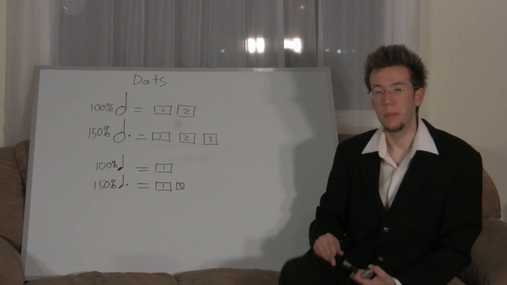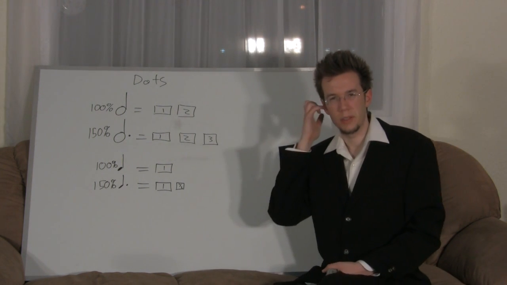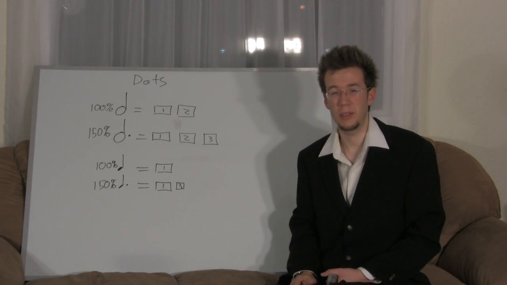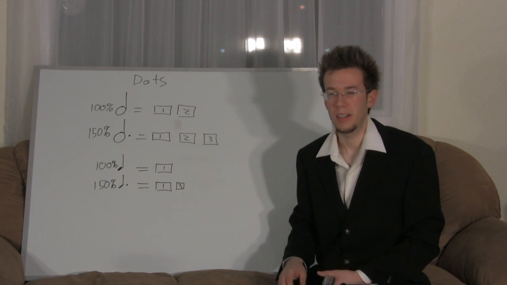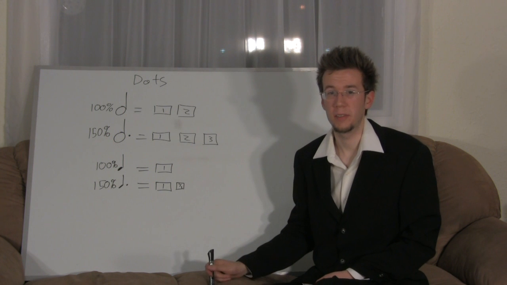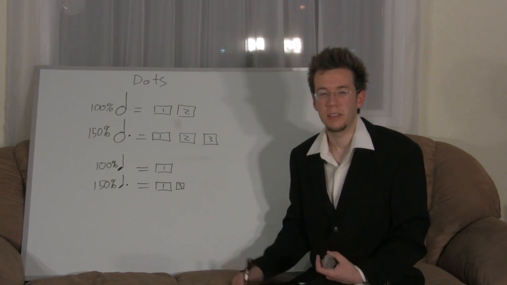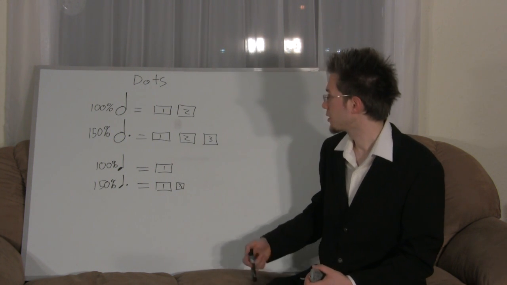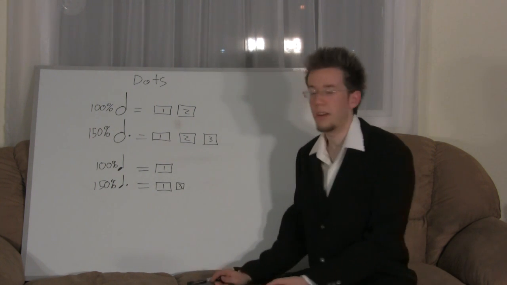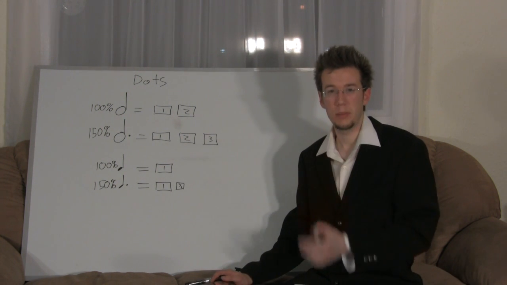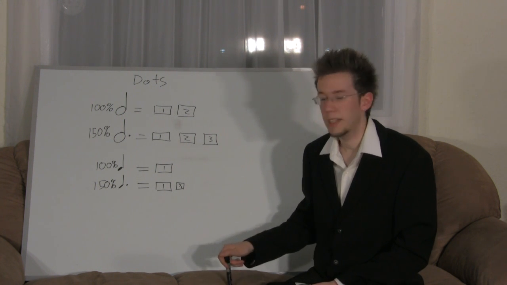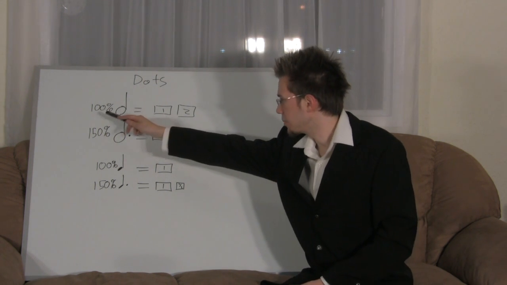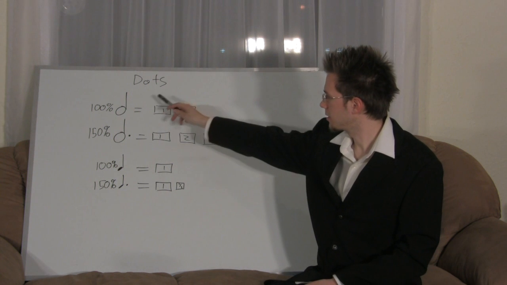Now, I'm not really sure how much I ever explained about dots because it was back in January when I did that, and now it is May. So I'm just going to do a really quick recap on dots. Also, it can refresh your mind too. Whenever you have a dotted note, it adds 50% of the value of the note to it. For example, 100% of a half note's value is 2 beats.